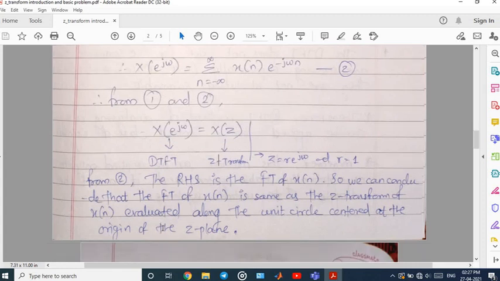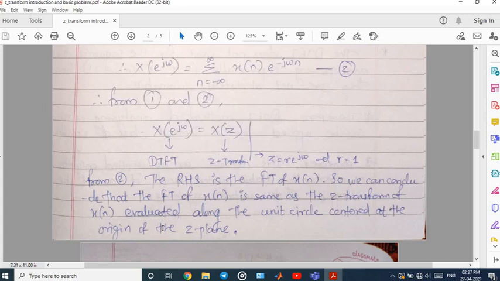Now there is a basic term which is called region of convergence, ROC. You might have learned it in Mathematics 3. After finding the Z transform, we are going to find the region of convergence of that particular x of n.